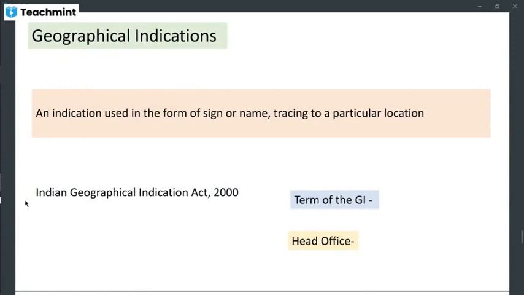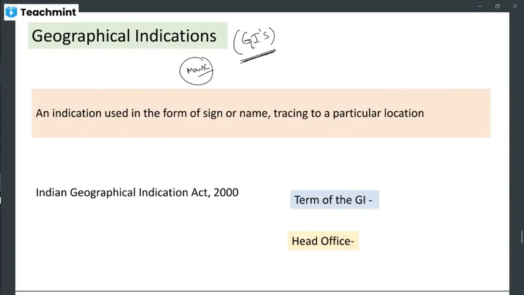Then the other form of protection is geographical indications, which in short we call GIs. I hope everyone knows about it. A GI is nothing but a certain type of mark, like a landmark.